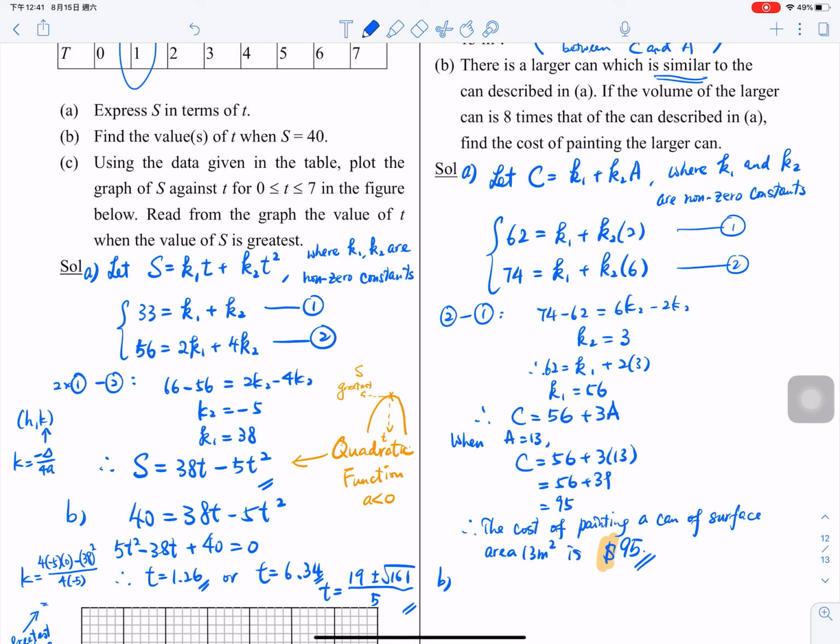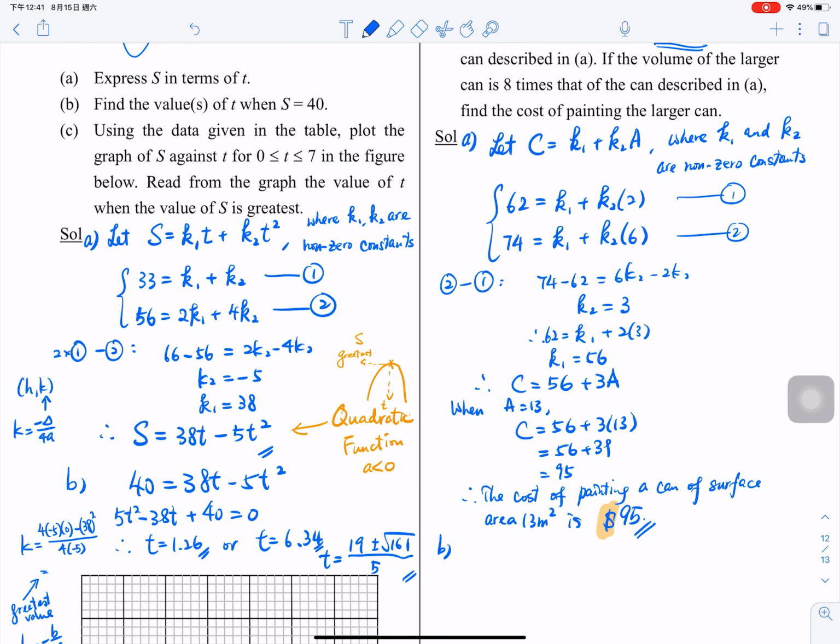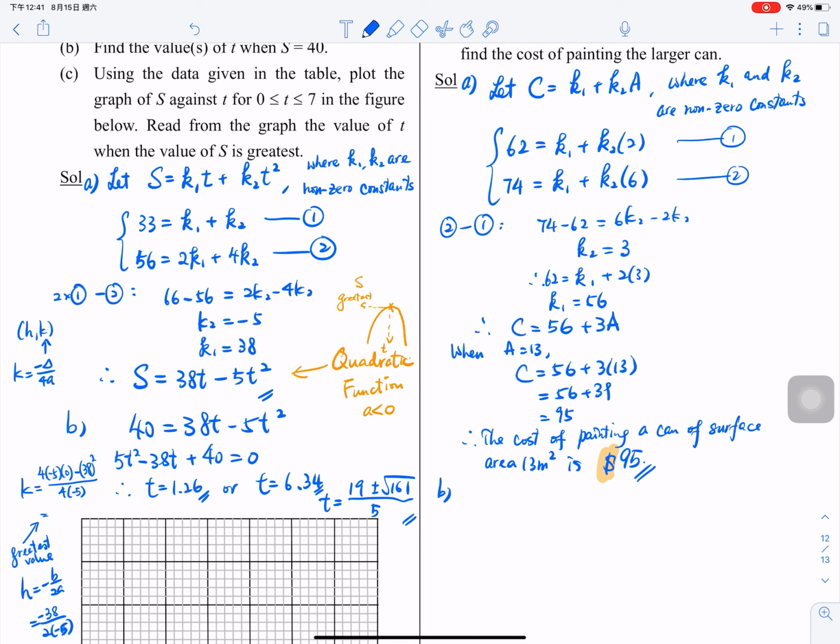Okay, so what can we do? Remember, area and the length A1, A2, you can relate it to the ratio of the length, and remember to take square, it will equal this one.